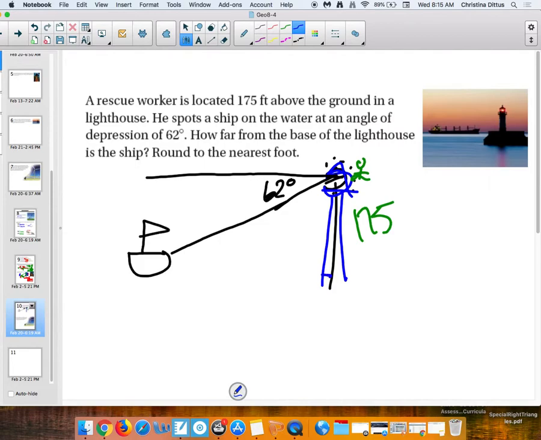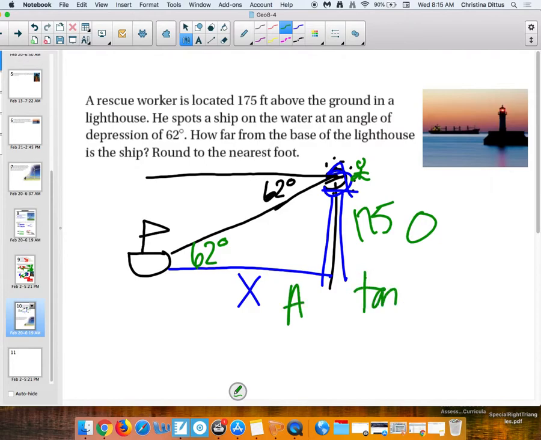So basically, this distance. First off, I need an angle in my triangle. What angle do I know? 62, by my ship. So I got 62 degrees down here. How does 135 relate? Opposite. X is adjacent. What am I looking at?